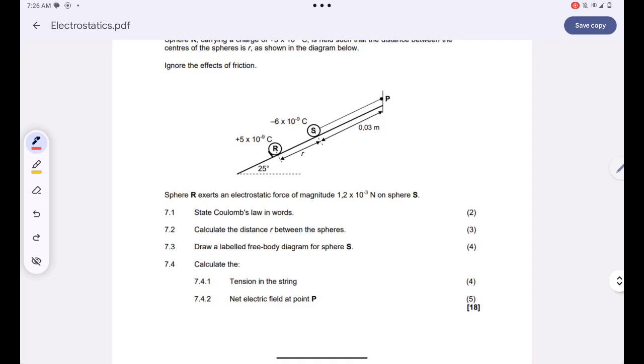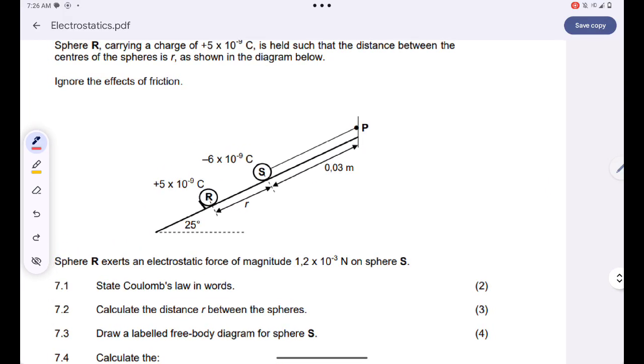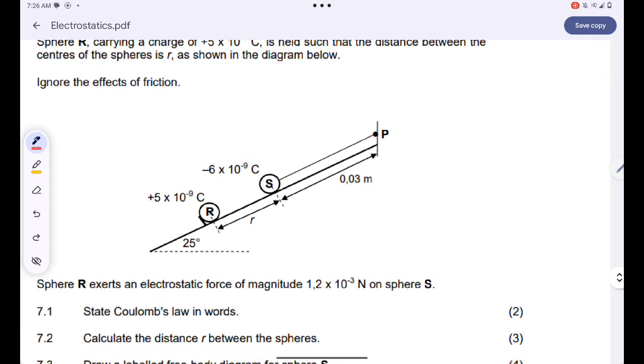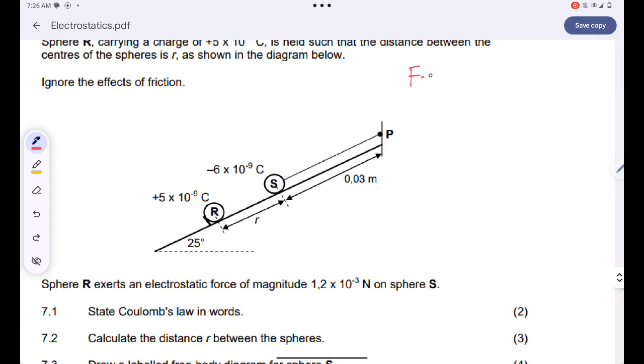Question 7.2. We are being asked to calculate the distance r between the spheres. Since we are given the electrostatic force between these two spheres, I think it will be easier for us to calculate r, because F is equal to kQ1Q2 over r squared.